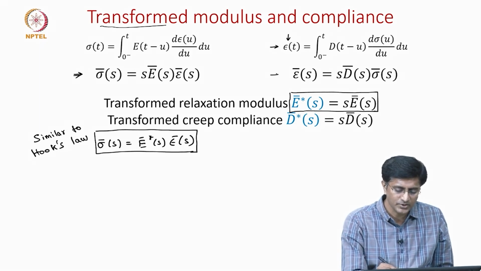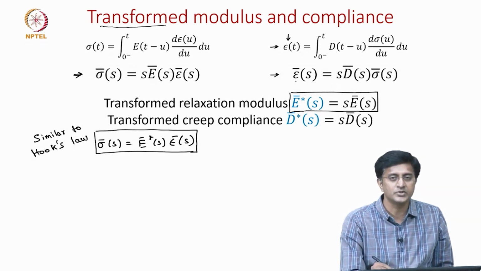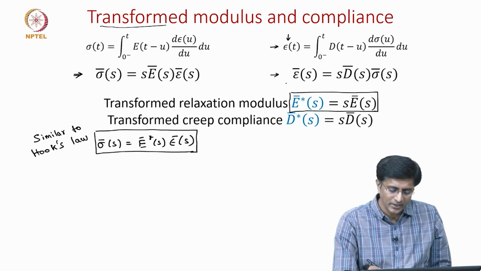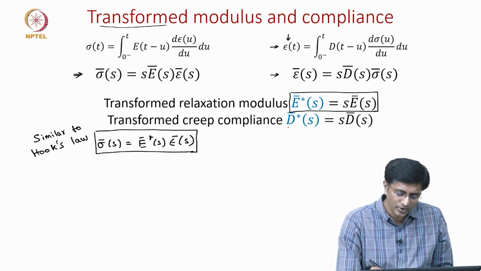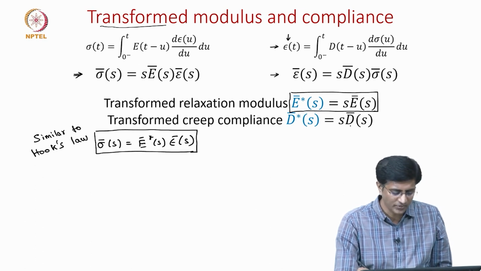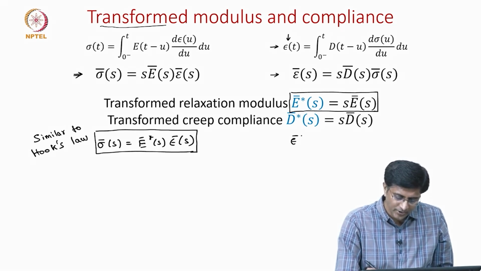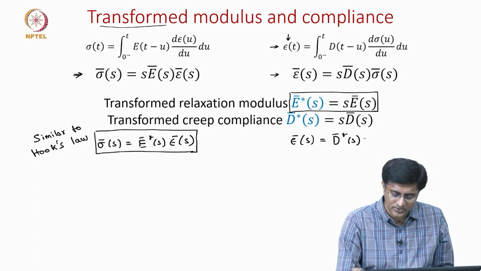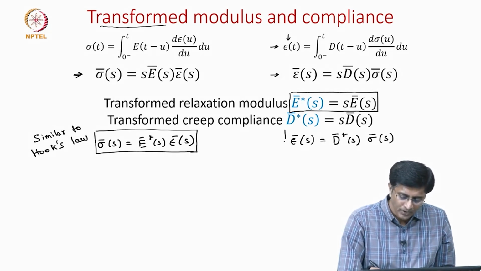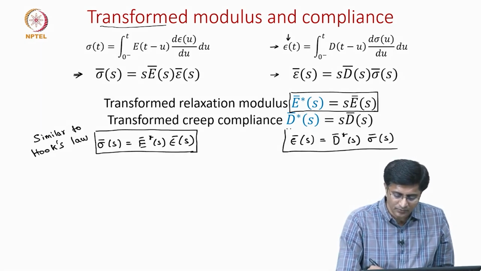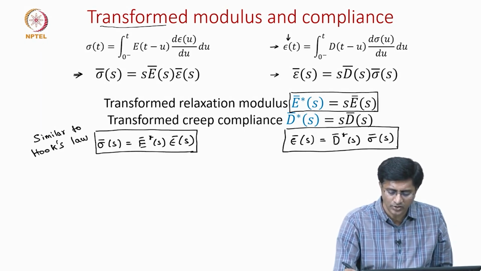Once we take the Laplace transform on both sides, we get the strain response in the Laplace domain, and again if I now introduce a new term called D star of s, which is defined as s times D of s, I should be able to write that the strain response is simply D star of s times sigma of s. This again is another relation which is similar to Hooke's law.